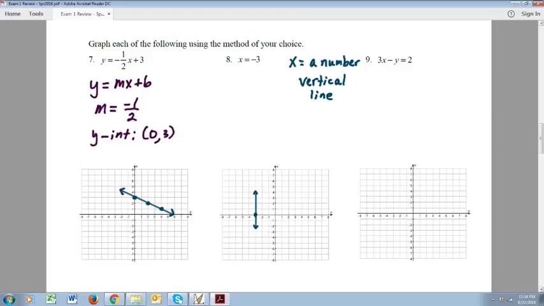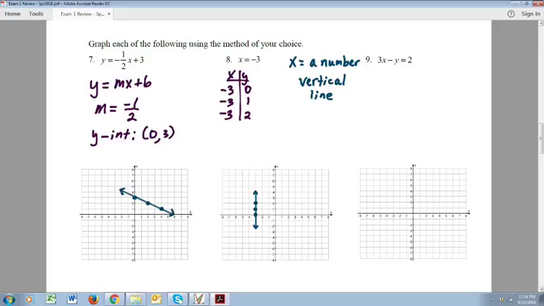Now, if you tend to forget whether it's vertical or horizontal, you could always make a table of values and just choose your x values to all be negative 3, because x is negative 3 here. y can be anything you want. I always try to pick nice numbers, so I'll do 0, 1, and 2. I could choose anything though, but I want to be close to the origin here. These are nice points, and in fact there's the 3 points that I just found in the table.